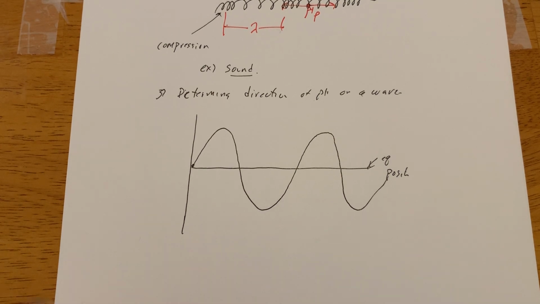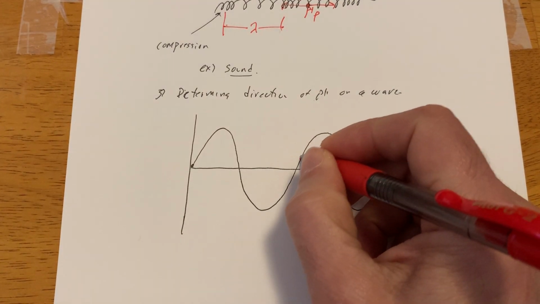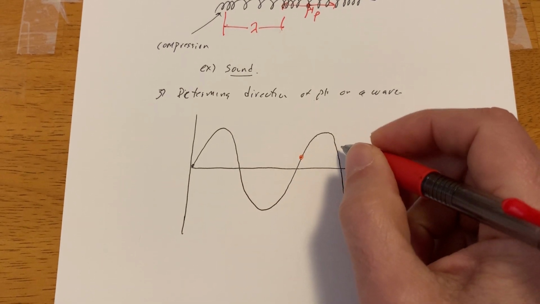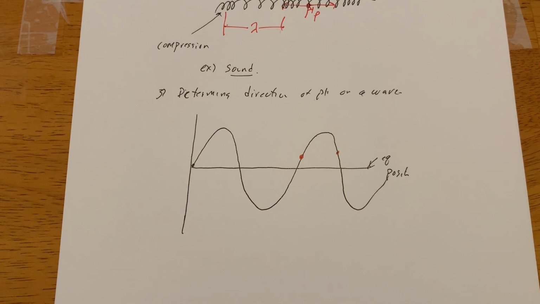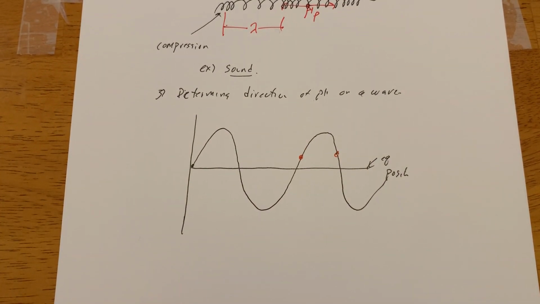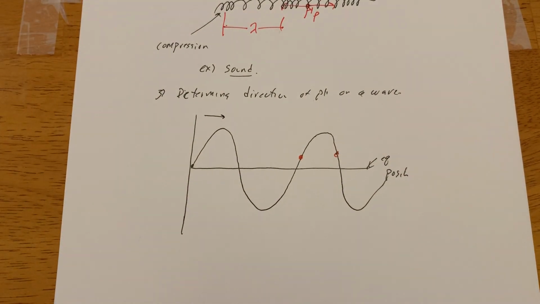Just for argument's sake, I'm going to take a look at this point, and I'm going to take a look at this point. What direction are these two points moving at this point in time? What type of wave am I looking at? I'm looking at a transverse wave.